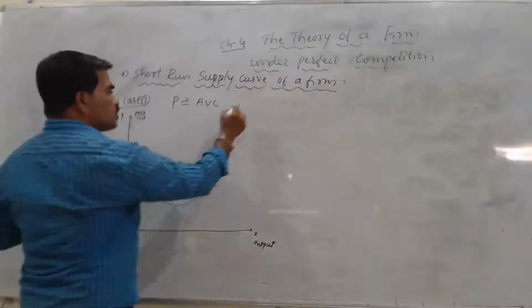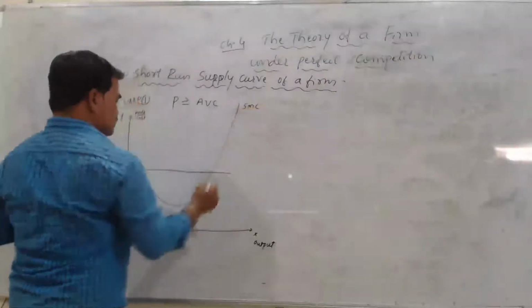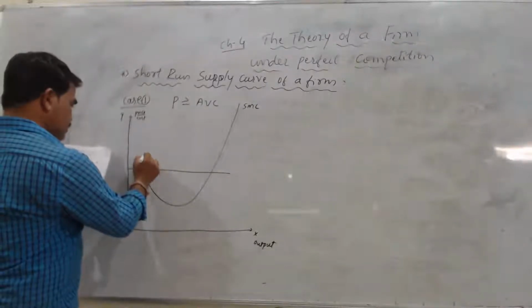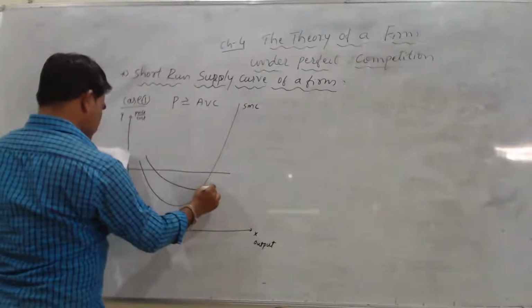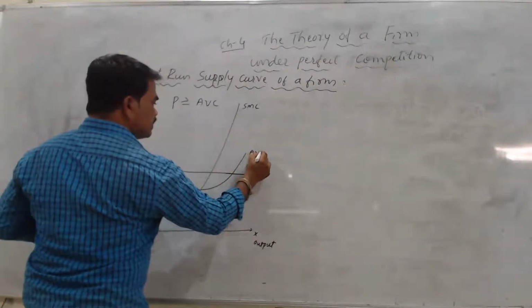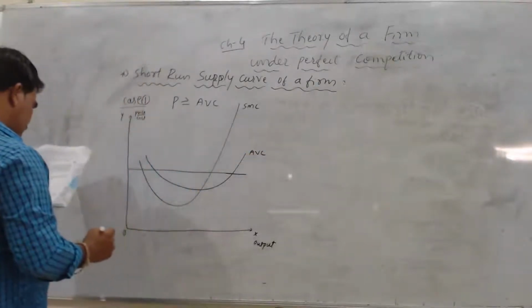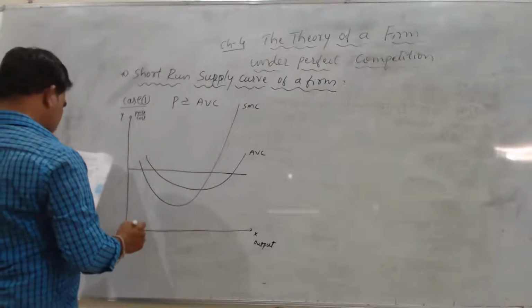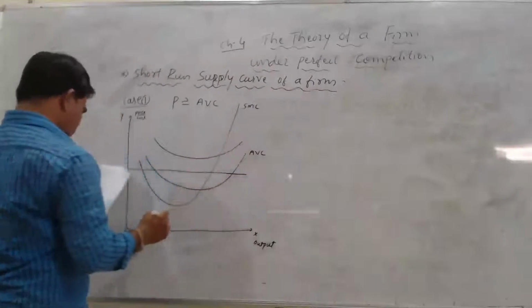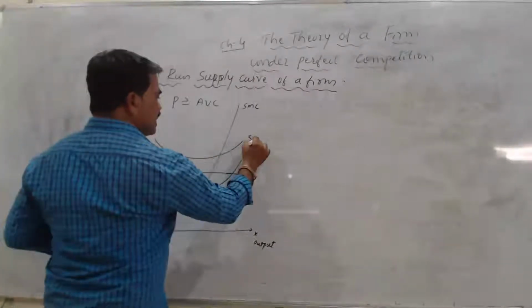This is the short run marginal cost, and we have the average variable cost here, and we have the short run average cost.